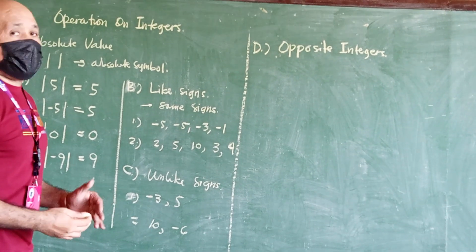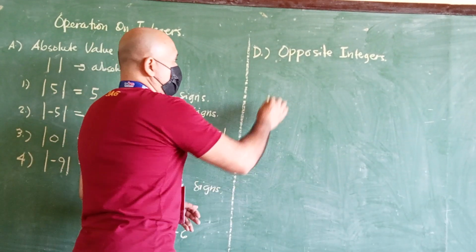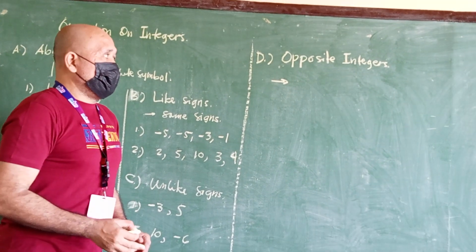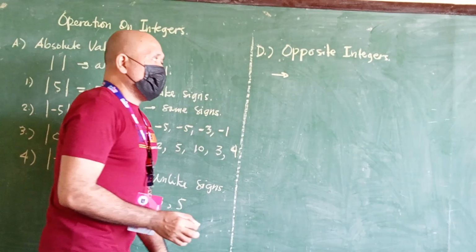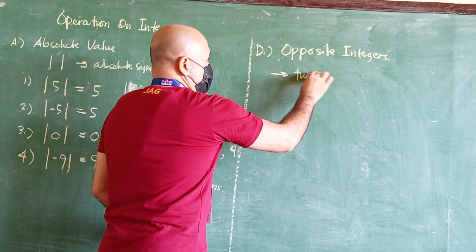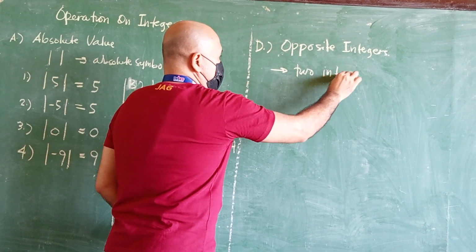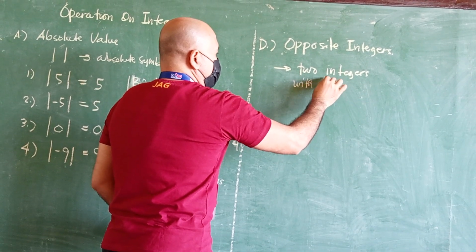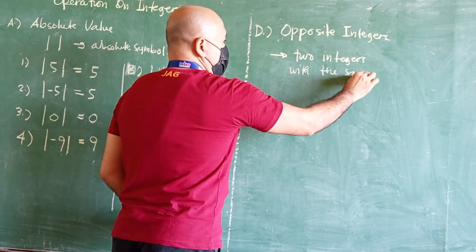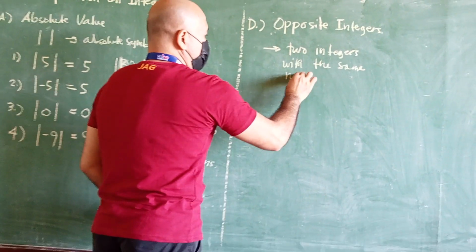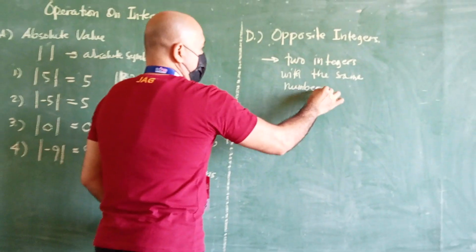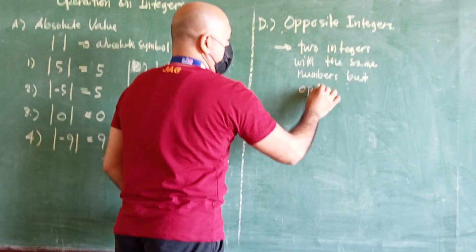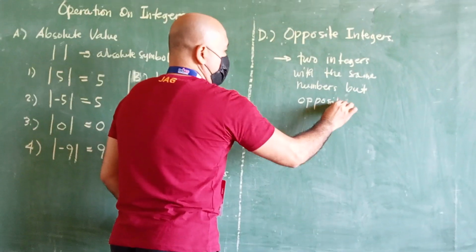If we talk about opposite integers, we're talking about two integers with the same numbers, but opposite signs.